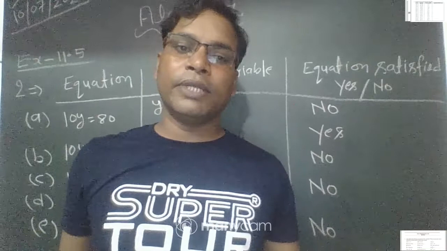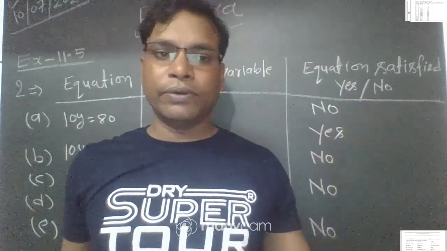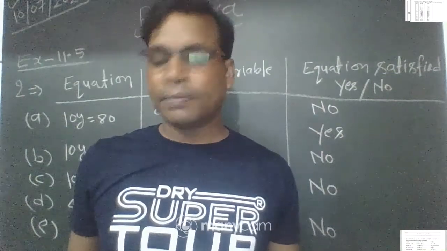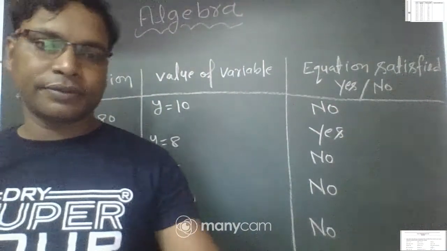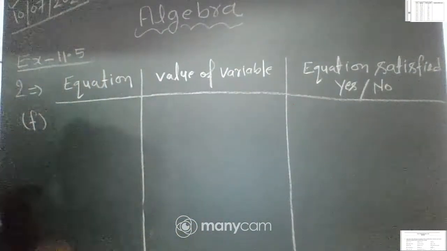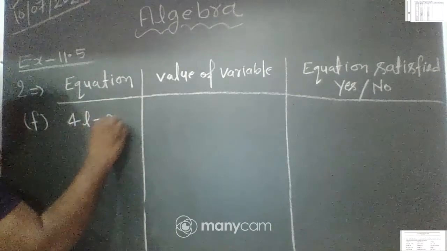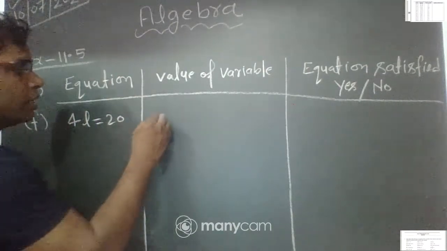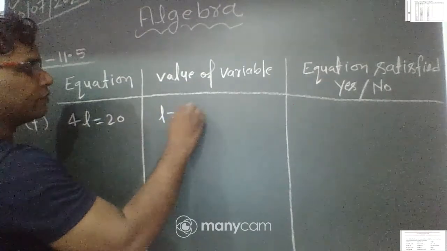If they are not satisfied, we write no in the third column. Okay, so let's go to the next part of this question, F part. F part is for L is equal to 20 and the value of L is 5.